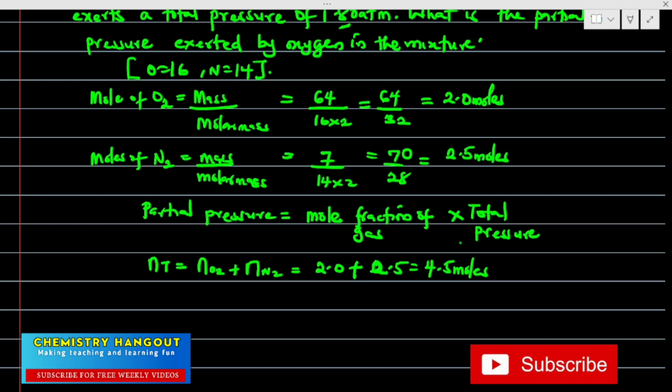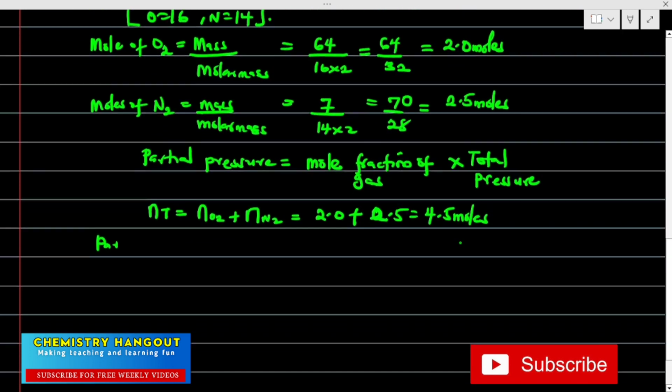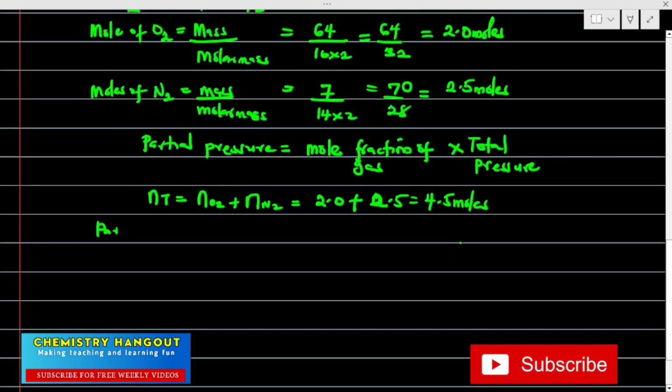So for our partial pressure now, we can calculate the partial pressure of oxygen, as stated in the question. You need to go over this over and over again, which is equal to mole fraction. Can you see that? Which of the gases are we calculating the partial pressure? Oxygen.